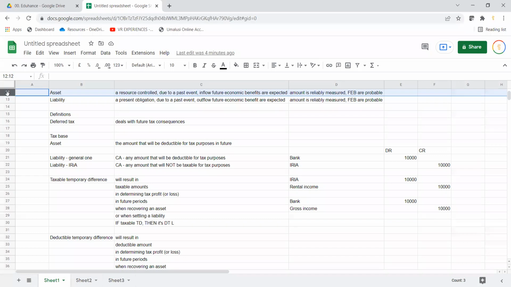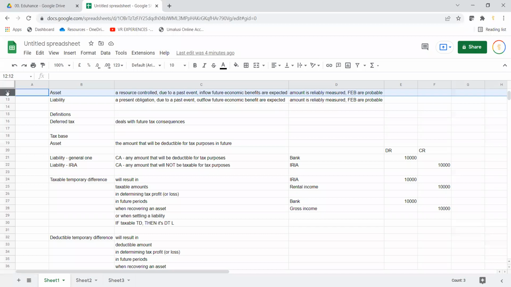But when something is an asset, it first goes to the balance sheet, and only after certain events does it go through the income statement. So, for example, inventory. Inventory is a glorified expense. Inventory is an expense waiting to happen.